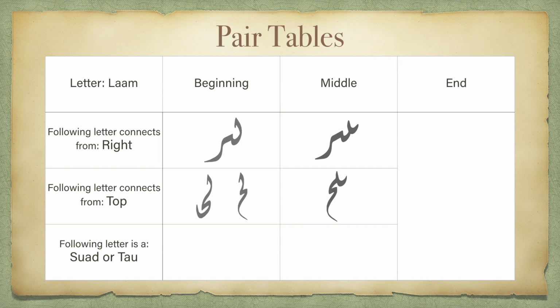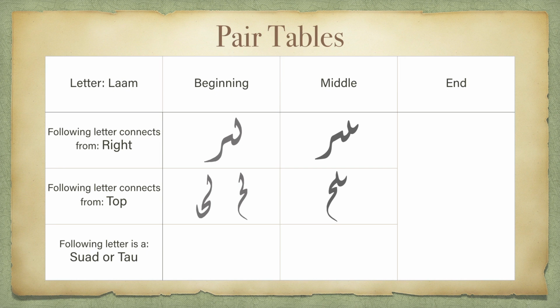Okay, and then the same thing applies to the middle letter Lam that we have a look over here, is how the shape of that Lam looks so much different from the previous Lam that we had a look at when the following letter connects from the top. Now, the third factor here is when the following letter is either a Sad or a Ta.